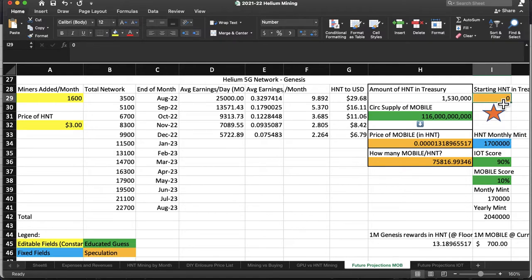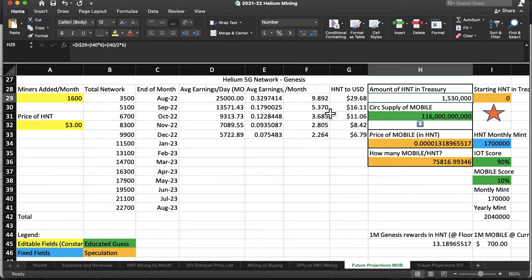I'm operating under the assumption that this is probably going to be a 0. Again, this would have to be some type of gift between the Helium Foundation, Nova. I'm not really sure where this starting HNT would come from. And everybody in the community seems to be operating under the assumption that this is going to be a 0. Point blank, it's going to be a 0.